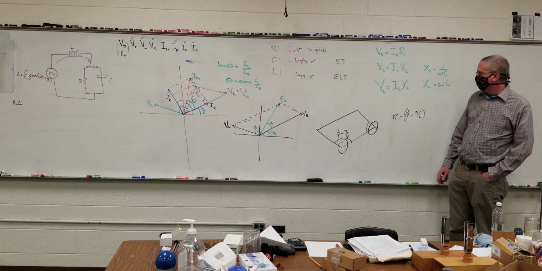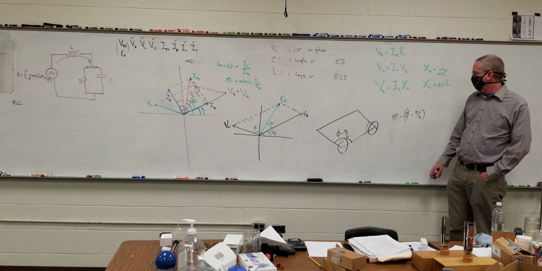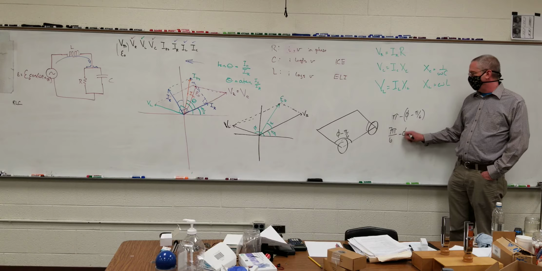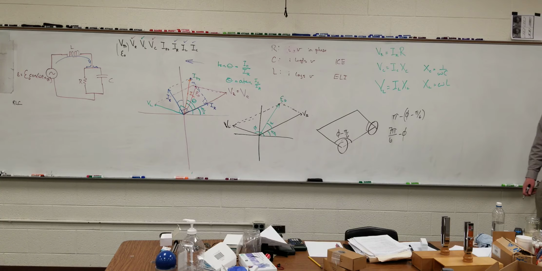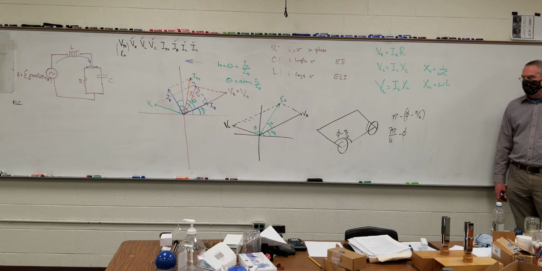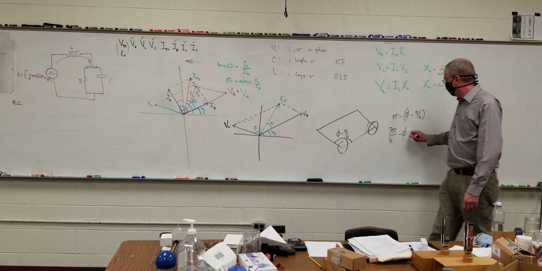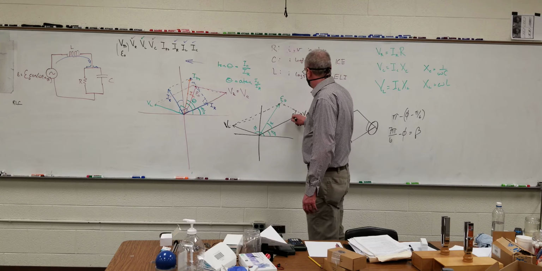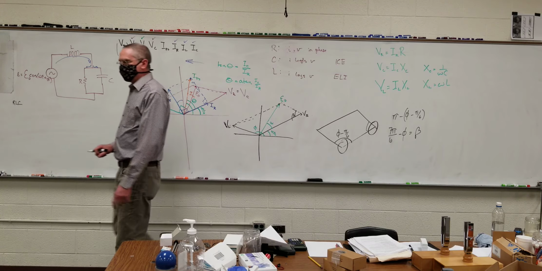That's phi minus pi over 6, and then I want pi minus that. So that becomes 7 pi over 6 minus phi, which is some angle. Let's call that beta. So that tells me this angle here.